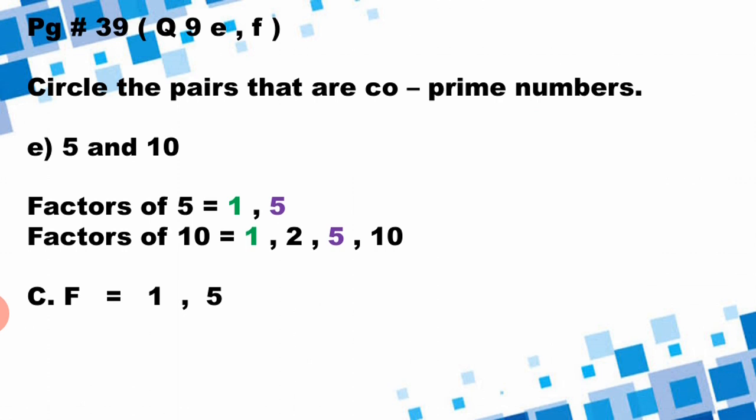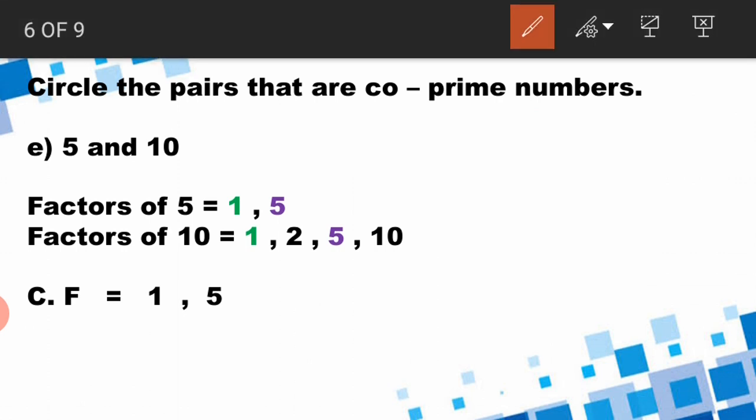The colored numbers show the common factors, which are the same in both: 1 and 5. So class, the common factors are more than 1, meaning a digit other than 1, and co-prime numbers are those numbers which have only 1 as their common factor.